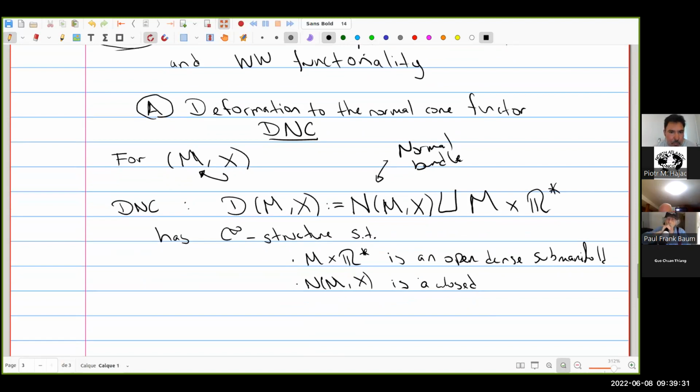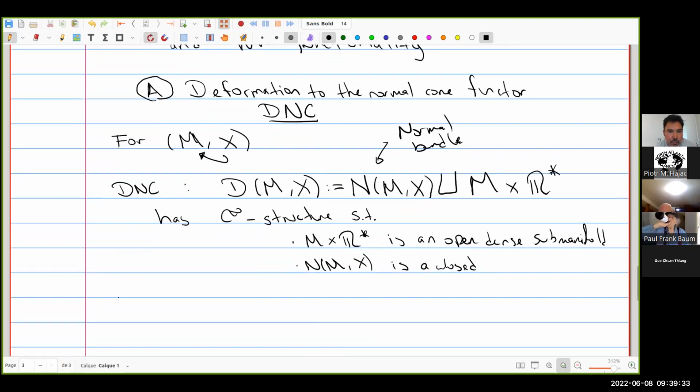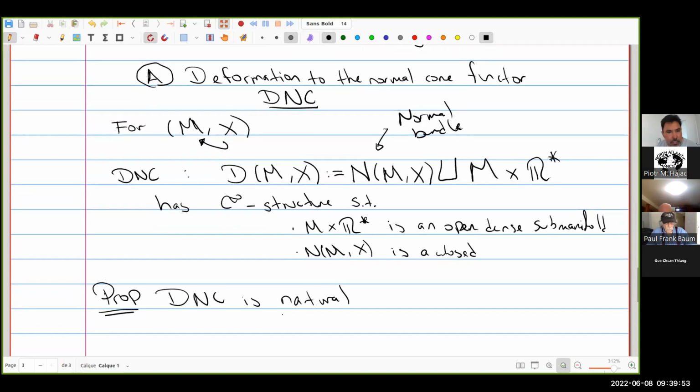So what is the main property of this construction, and why is it interesting in non-commutative geometry? Well, the first property that one can show, which is really a differential geometry exercise, is that this construction, DNC, is natural in the following sense.